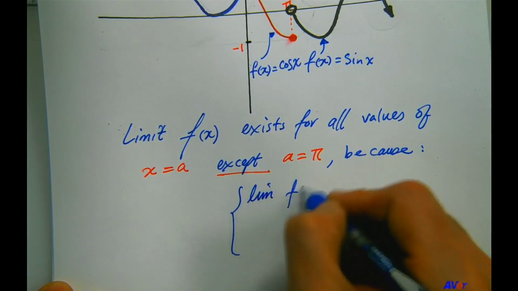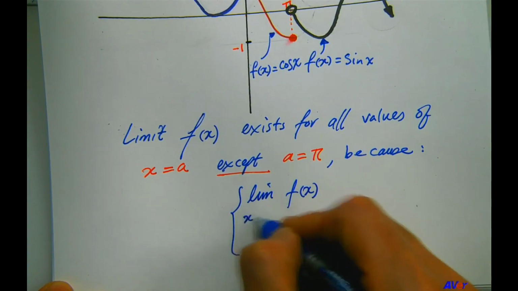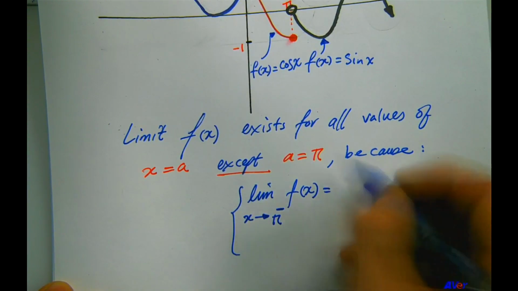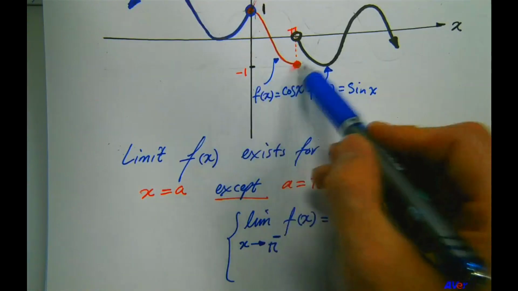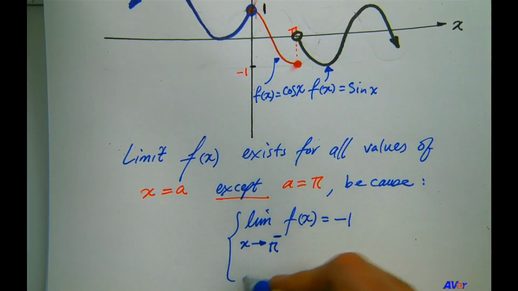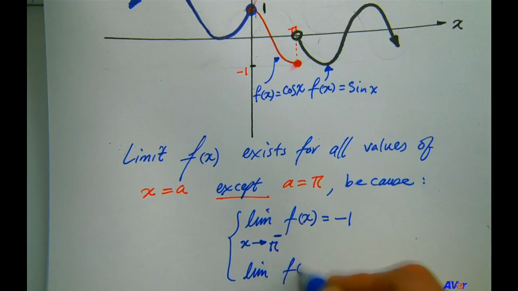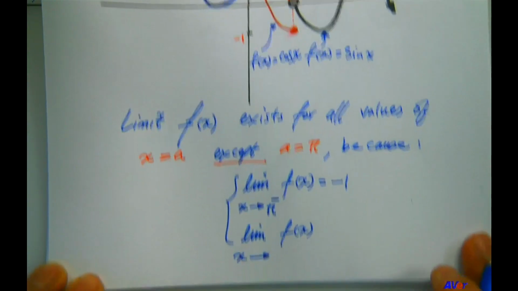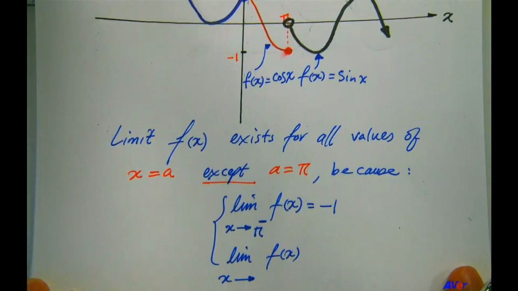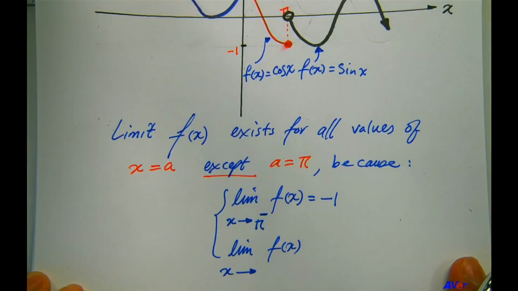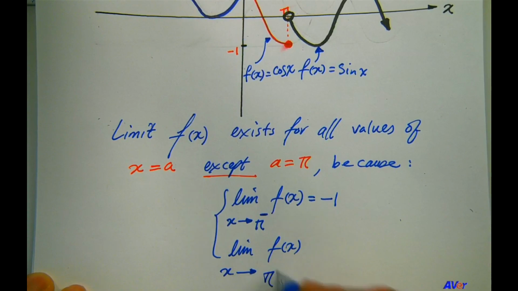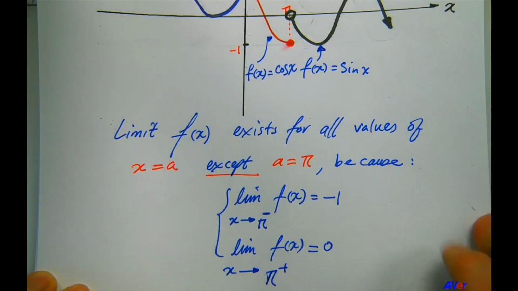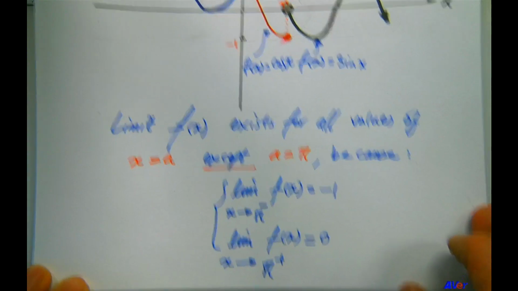Limit of f of x as x approaches pi from the left is equal to -1, right? -1. Limit of the function f of x as x approaches pi from the right is equal to 0. Okay, like that.